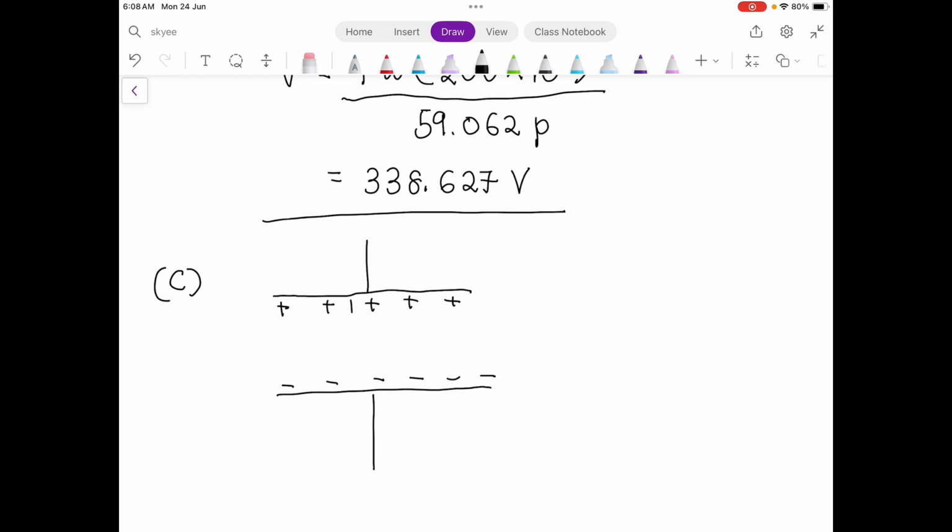So the electric field will be in these directions, as well as the direction of the force between the parallel plates, because the force has the same direction as the electric field. So you can just label it. This will be the force between the parallel plates.